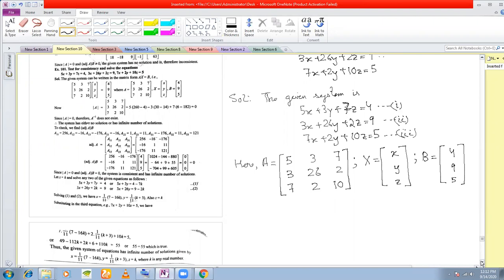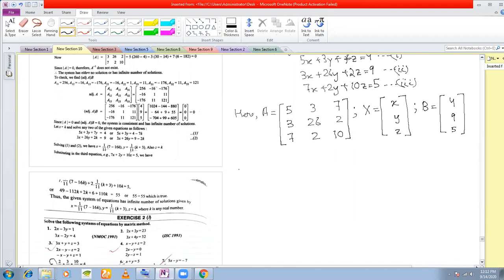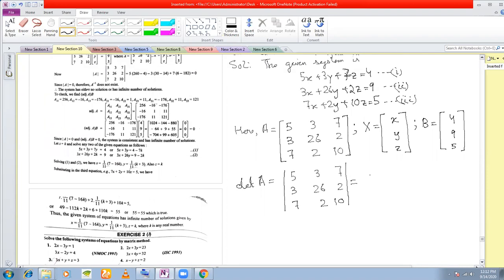Now we find out det A. Det A is equal to 5, 3, 7, 3, 26, 2, 7, 2, 10. I leave it up to you to expand the determinant. You will see here that this determinant you will get 0.